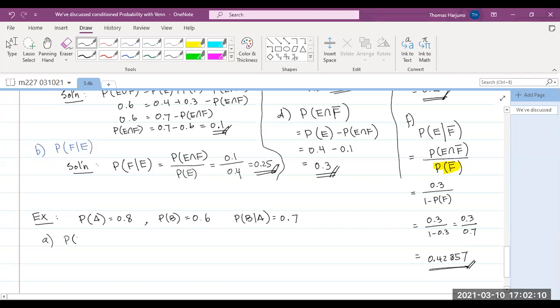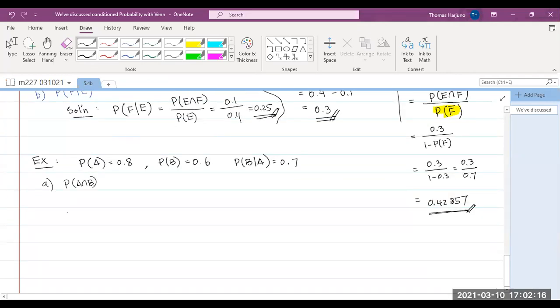Find the probability of the intersection. After you get the probability of the intersection, find the probability of A given B. And then find the probability of the union.